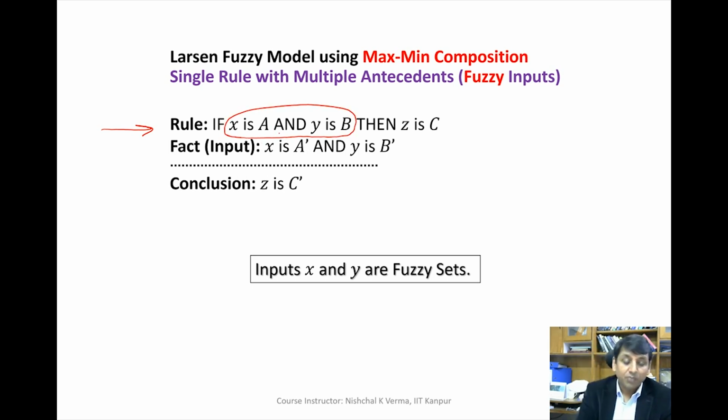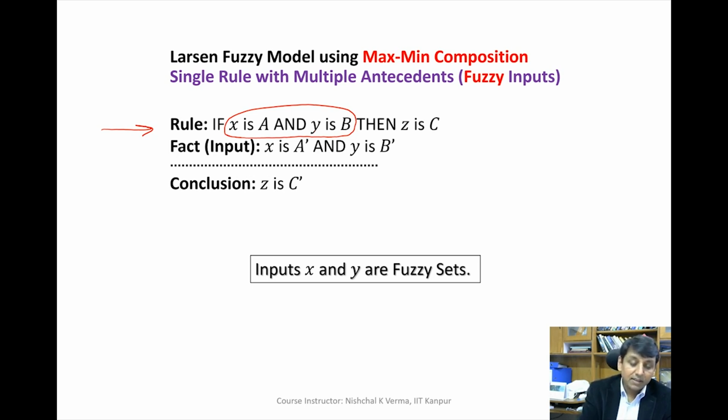Both antecedents, x is A and y is B, are connected with a connective, that is AND here, but it can be OR also, or any other connective between any two antecedents.